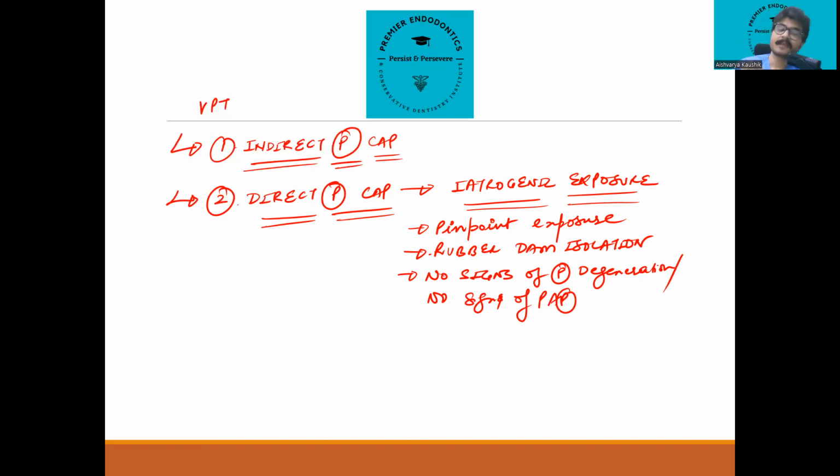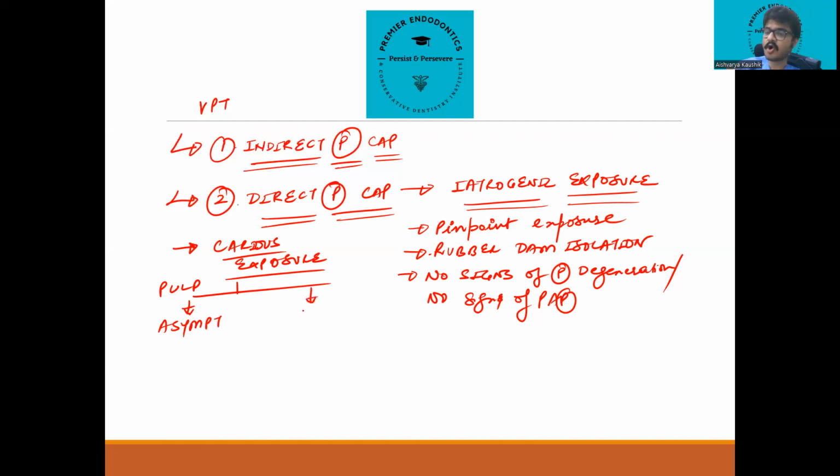However, presently, even in a carious exposure of the pulp, now listen to this very carefully, wherein the pulp is either asymptomatic, or there are very minor symptoms of reversible pulpitis, even now, if you are able to control the bleeding, the latest textbooks, the Cohen 11th edition onward, say that because of the practical use of the newer calcium silicate based cements like MTA, you can predictably do a direct pulp cap with a success rate of up to 93, 94, 95%.